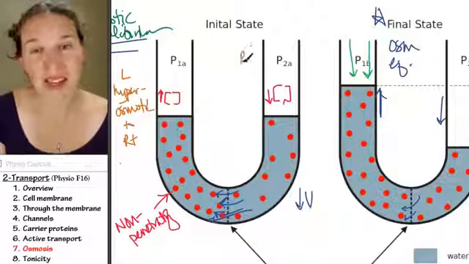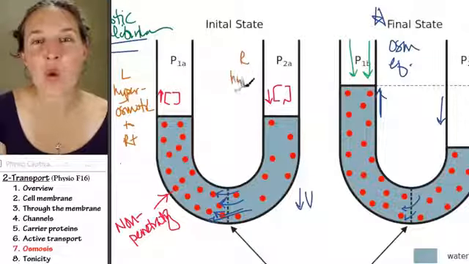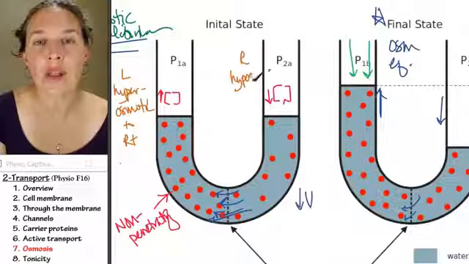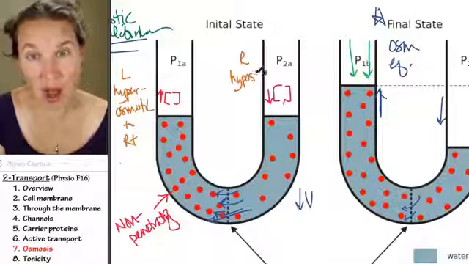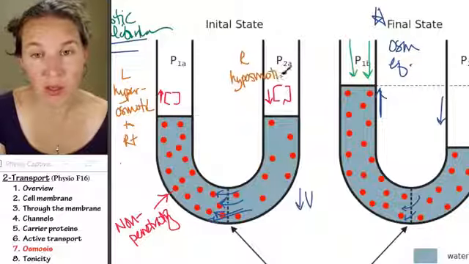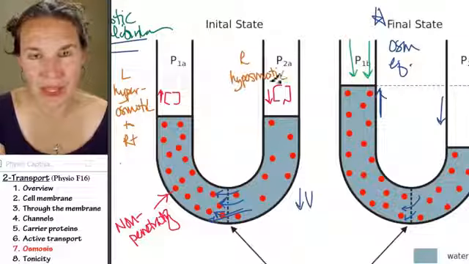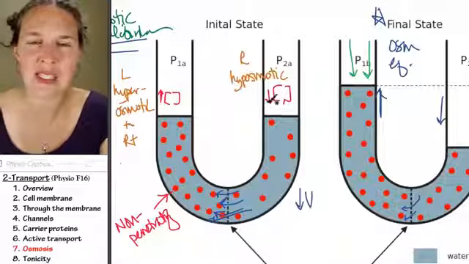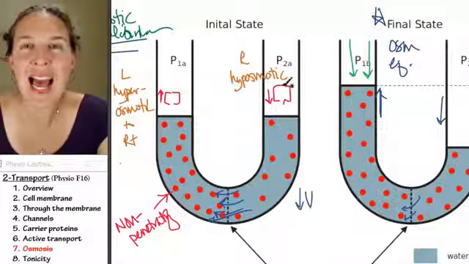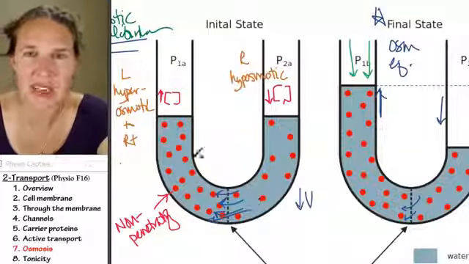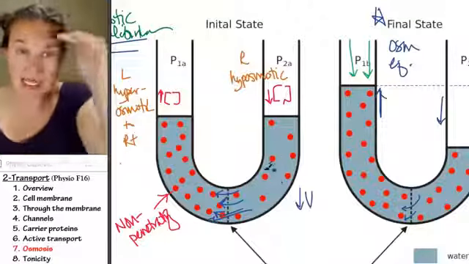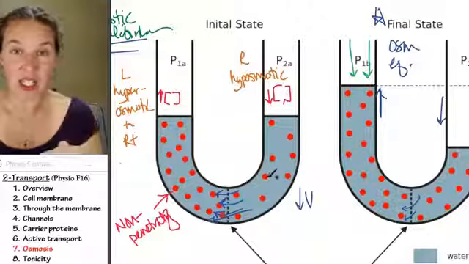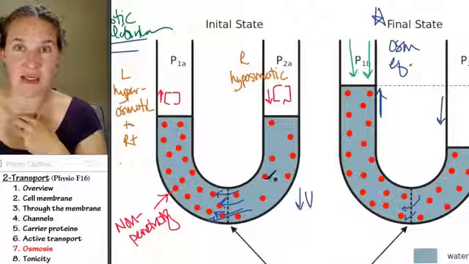The right side is hypo, and it's actually hyposmotic. But I'm totally cool saying hypoosmotic because I think that is easier for my brain to process. The right side is hypoosmotic to the left side. It has less concentration than the left side.